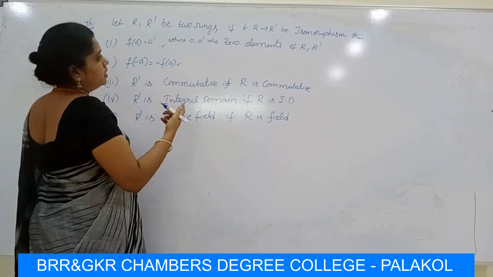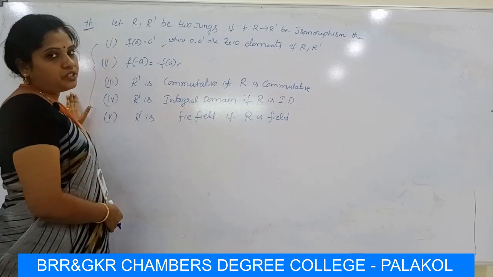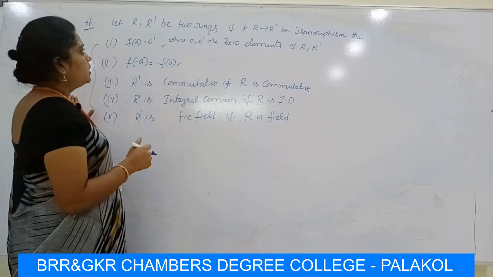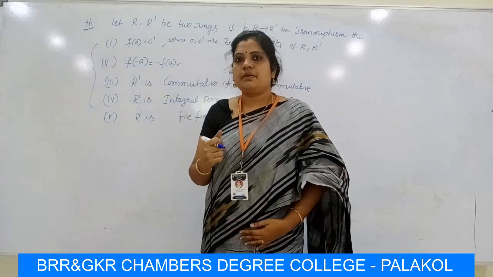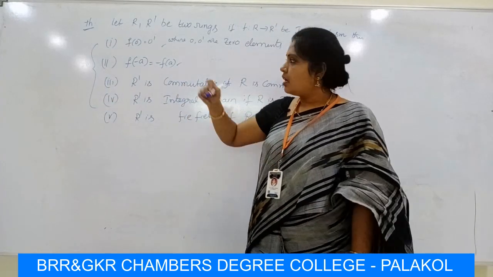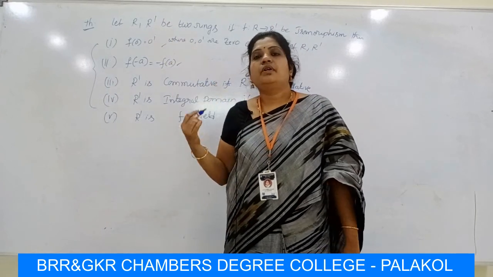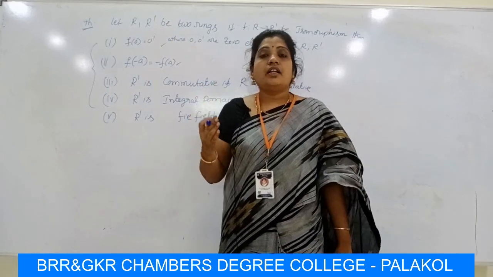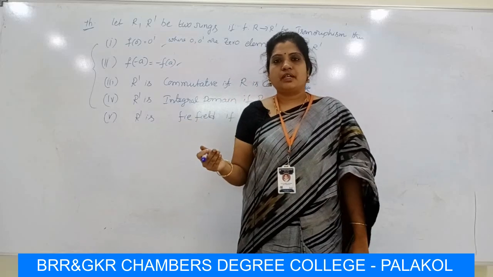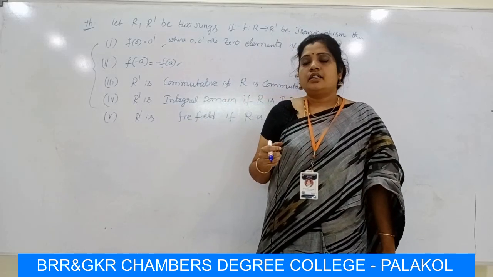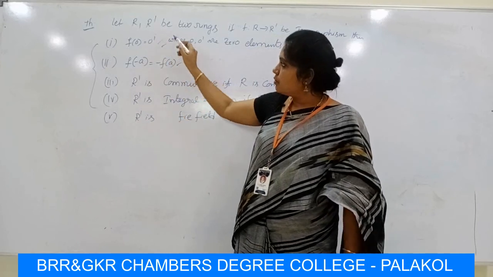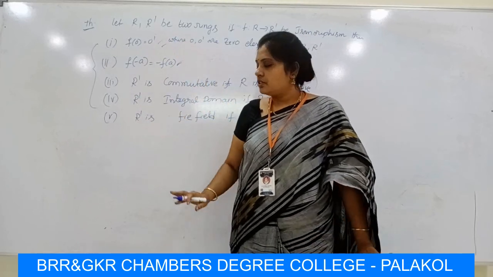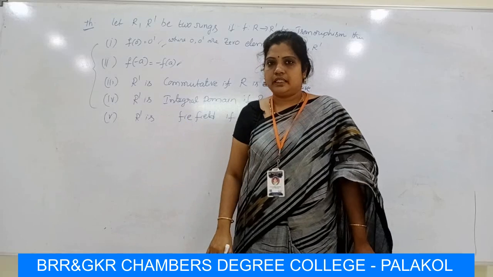In homomorphisms, the first theorem is: let R, R dash be 2 rings and f maps R to R dash be a homomorphism. Then f of 0 is equal to 0 dash, f of minus a is equal to minus f of a, and f of a minus b is equal to f of a minus f of b. Already proved that theorem. So by that theorem these 2 are proved. So we just have to prove the remaining 3.